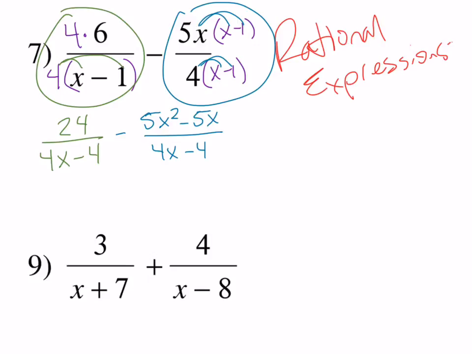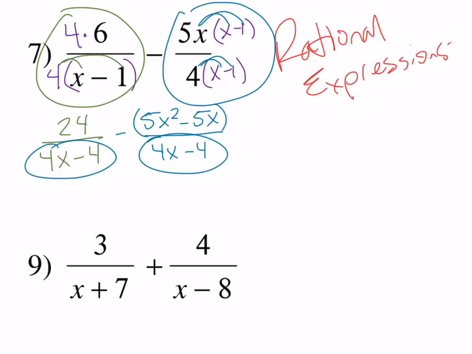Final step of this would be, now that I have the same denominator, right? So 4x minus 4, 4x minus 4. When we add and subtract fractions, or rational expressions here, we don't worry about the denominator anymore. Now that they match, all we need to look at is the top numbers here, 24 and 5x squared minus 5x. But just be aware, this is a subtraction.